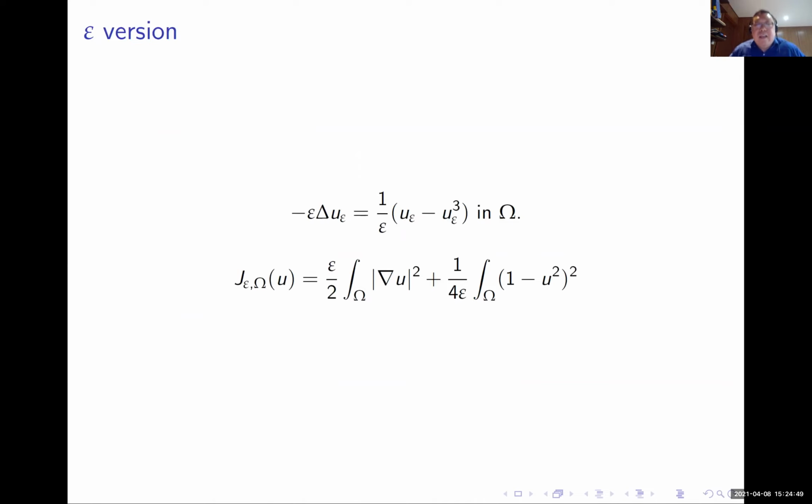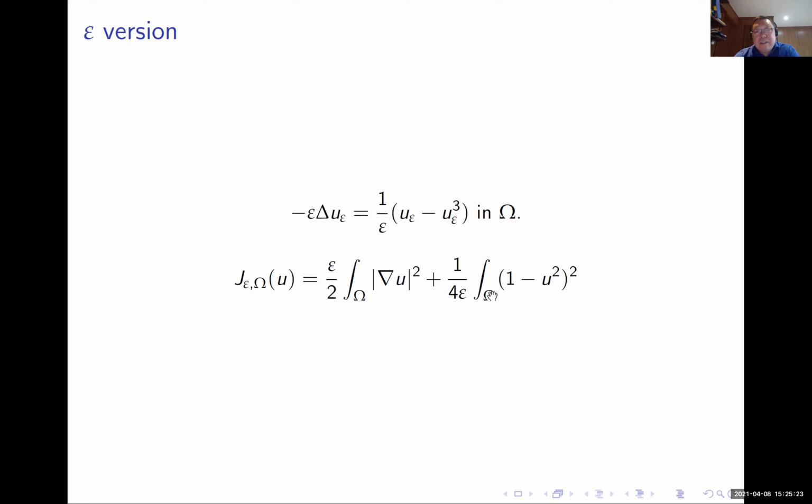Let me explain why this problem is related to minimal surfaces. To discuss the relation, let's put a small parameter epsilon in front of the Laplacian and a large parameter in front of the potential. This is the so-called epsilon version of Allen-Cahn.